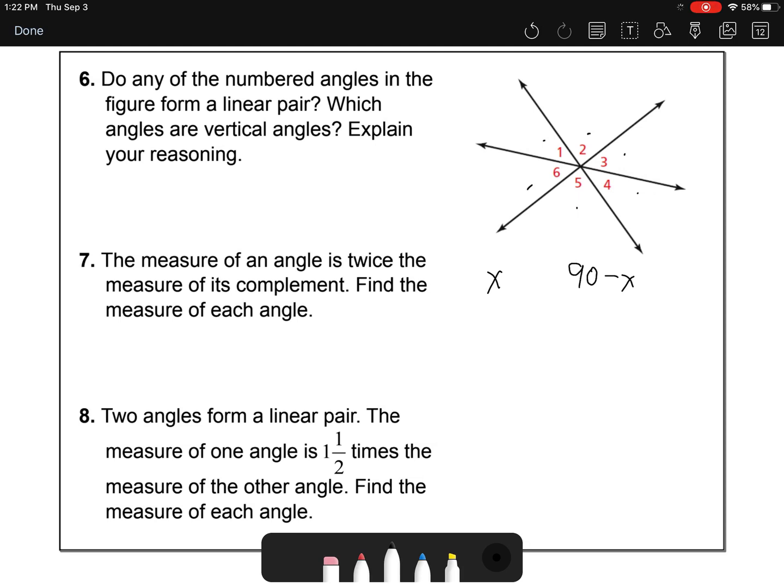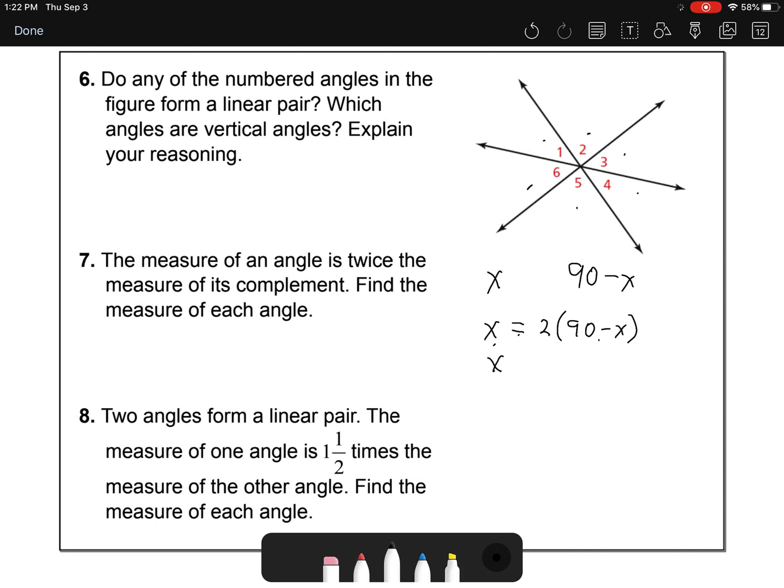So if we just read this, the measure of an angle, x, is twice the measure of the complement. So the measure of an angle is twice as big, is means equal, twice as big as the complement. There you go.